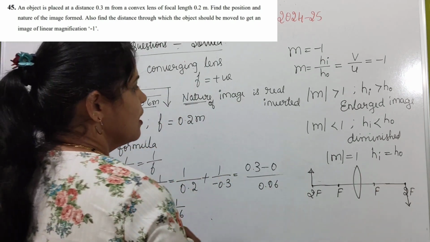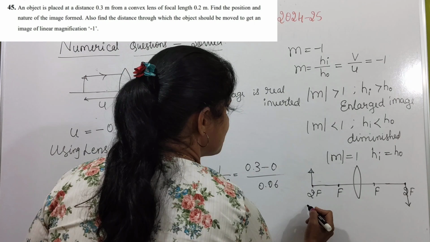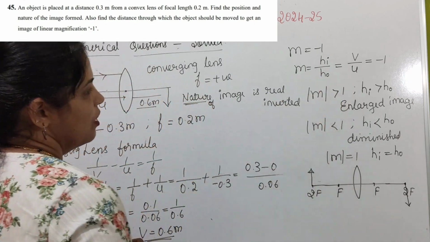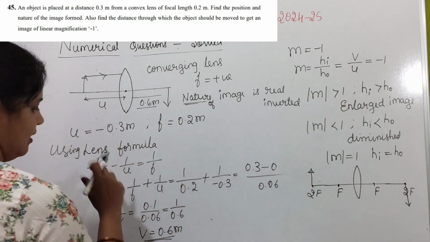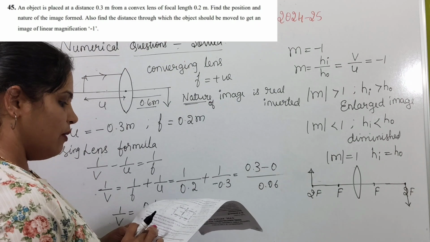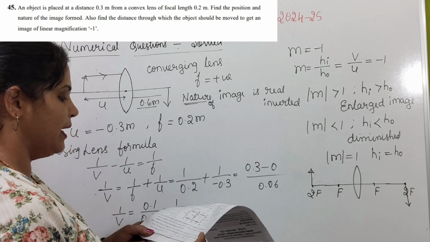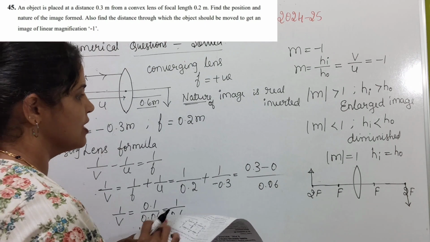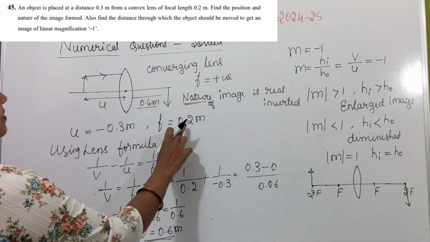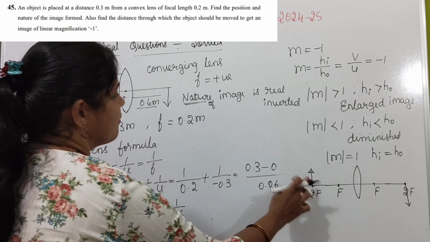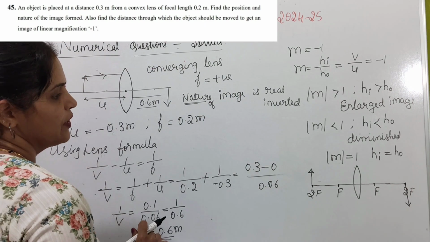Is it clear? That means what should be the distance of the object? The question is to find the distance through which an object should be moved to get an image of linear magnification minus 1. So f is 0.2 meter, 2f is 0.4 meter, right? Where should the object be?